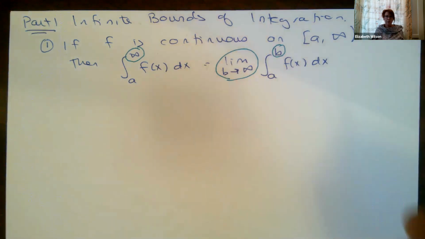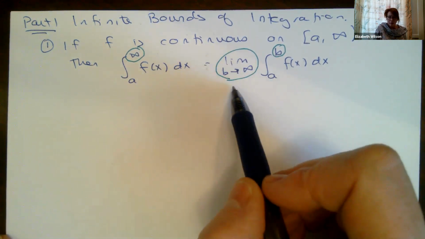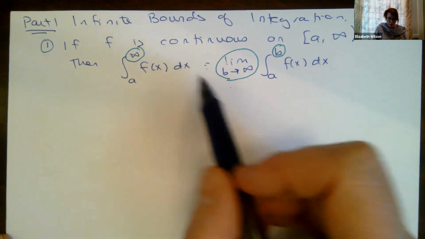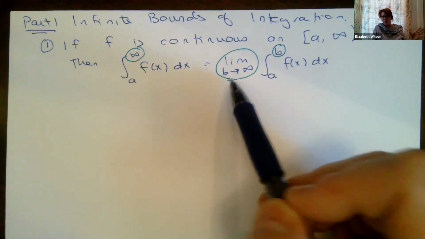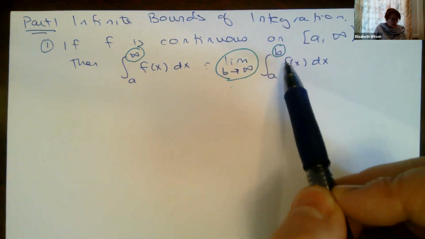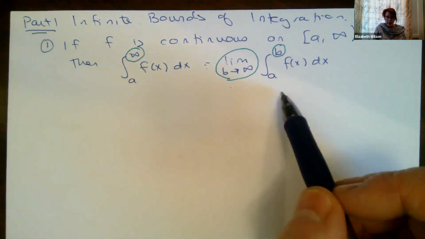So I'm going to pretend this is a normal integral and integrate it using my definite integral, the fundamental theorem of calculus. Only I need to analyze things as a limit, because my b value looks like a definite value, but b is actually headed towards infinity. So I need to rewrite my function just like this: the limit as b goes to infinity of the integral from a to b of f of x dx.